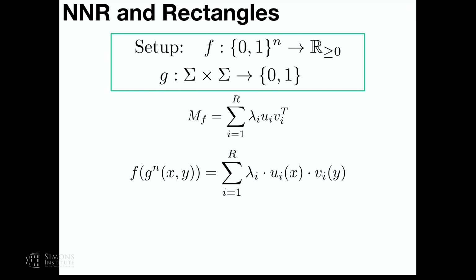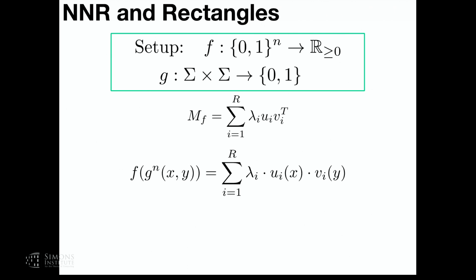And the definition of the lifted matrix says that f of g^n of x, y equals this for all x, y. As I said, we call them pattern matrices because you can find many copies of f embedded in this matrix. We're going to exploit that in a strong way, but also in a weak way when you think about it analytically.